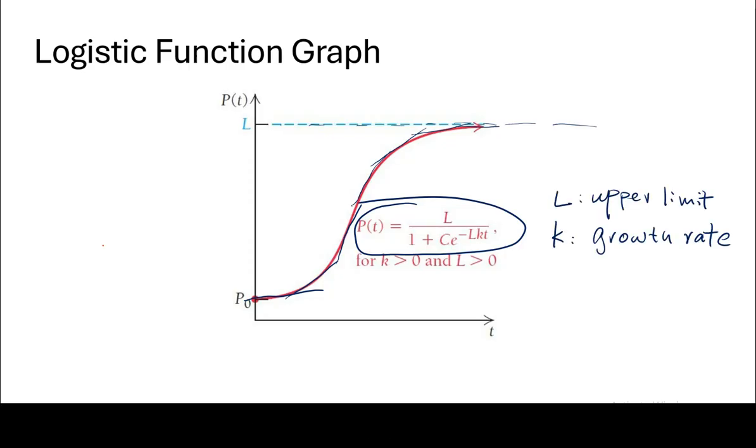growth rate. The logistic function is used in many different fields. For example, population growth with limited resources. First, the population will grow kind of slow, and then when everyone gets used to the environment, the growth rate is faster, and then as the resources run out, the growth slows down again.